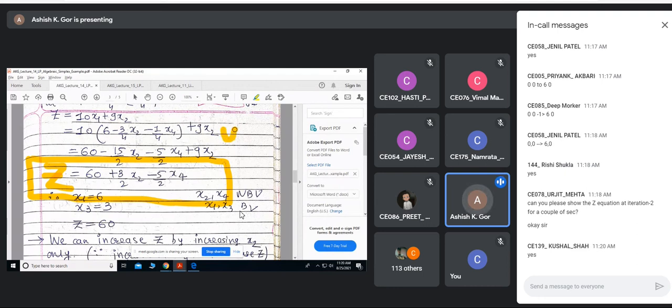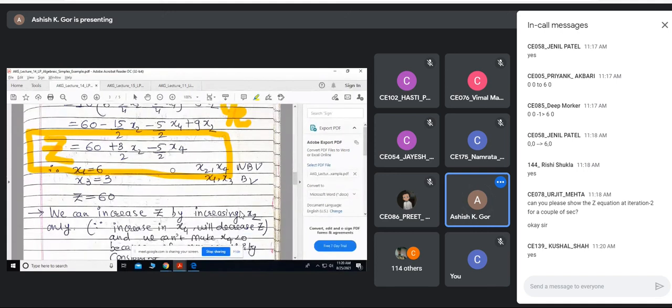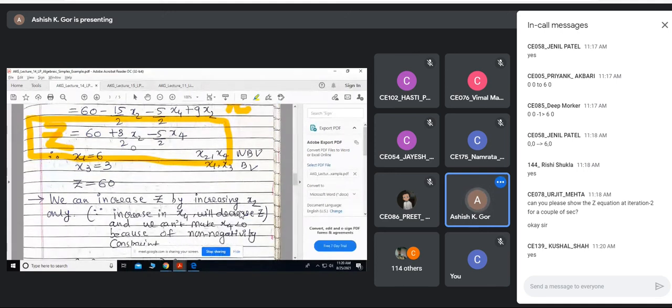And the answer is yes. Why? Because you can improve this Z by either increasing x2 or by decreasing x4. Yes or no? We can increase Z in two ways.